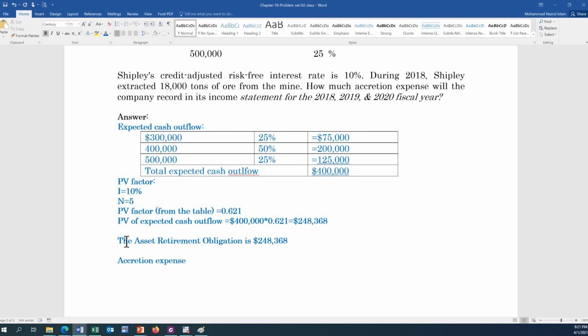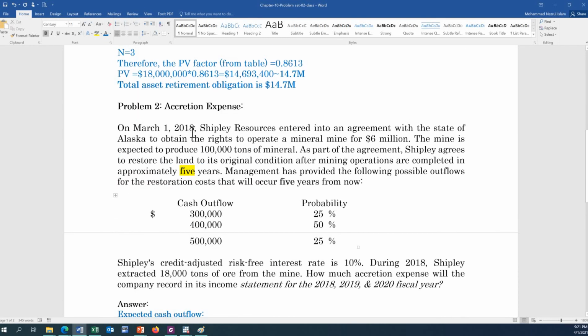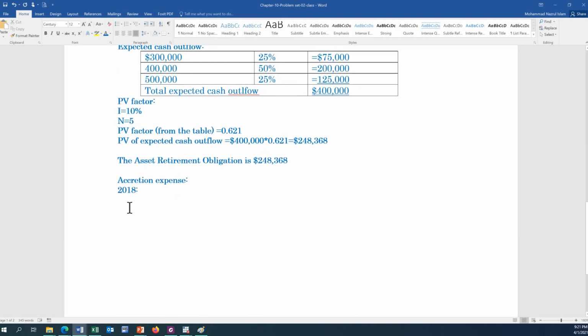Now the accretion expense for 2018. When we are calculating the accretion expense, we need to be careful about when we started the project, which was March 1, 2018.